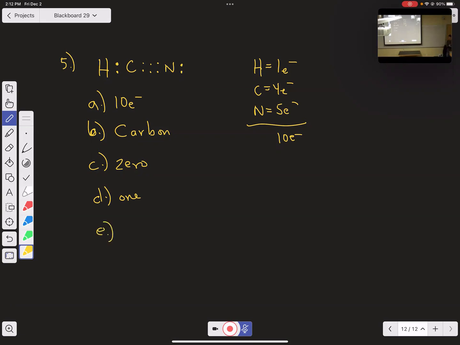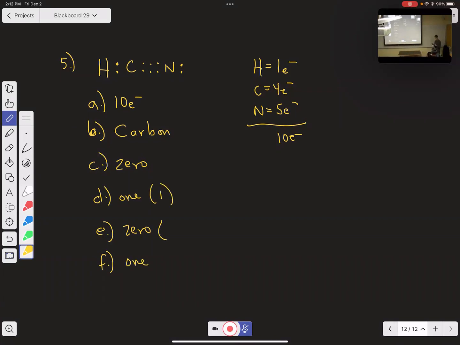Blank E, I'm going to have 0 double bonds. I don't have any double bonds in that molecule. And then the last one, how many triple bonds, right? We've got a triple bond between carbon and nitrogen, so I'm going to have 1 triple bond in this molecule as well.